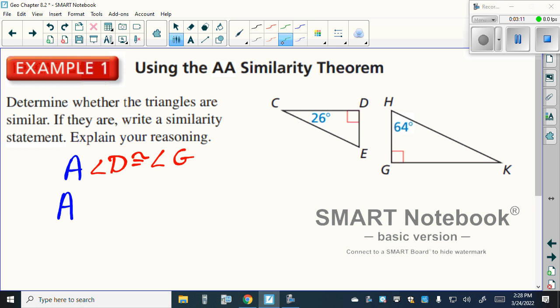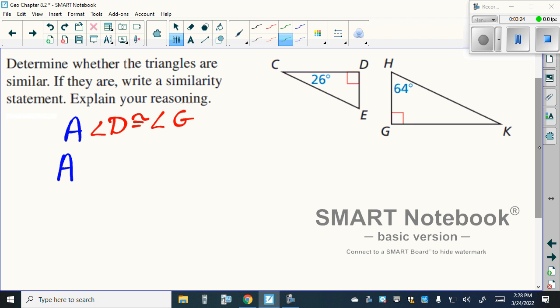Now we need to find another angle in one of the two triangles, because they told us that angle C is 26 degrees and angle H is 64. Well, those two aren't the same. So we need to either find the value of angle E, or the value of angle K. We need to find one of those two angles. Which one do we want to find? Well, we know that these three angles, G, H, and K, all add together to be 180.